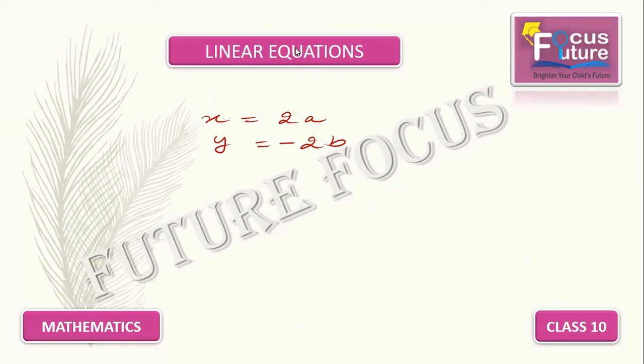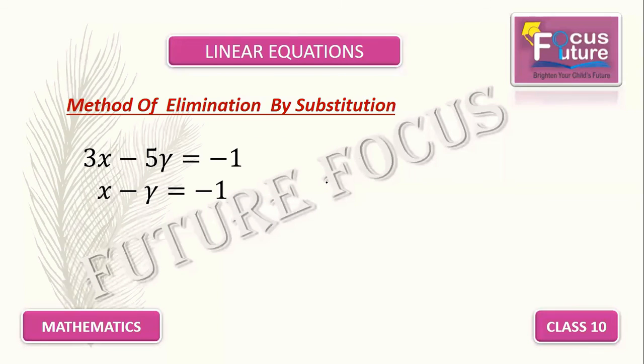Now let us understand one more problem on the same method. This is our next question on method of substitution. Same method. Take this as equation number 1 and this as equation number 2. You can easily calculate the value of x from equation 2. You just have to check which is more comfortable to derive.